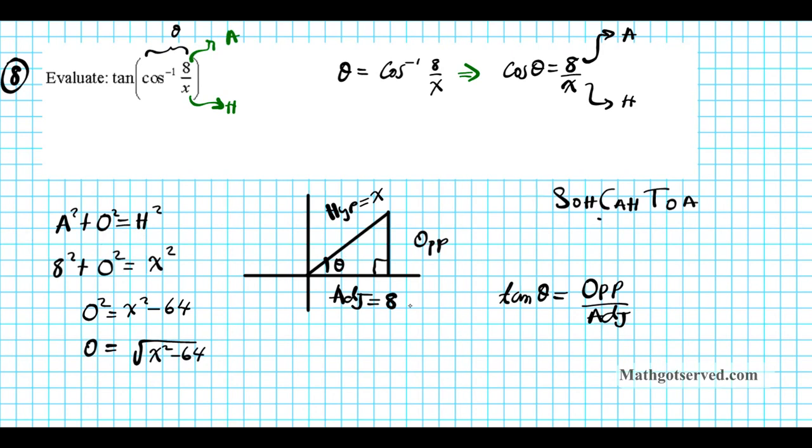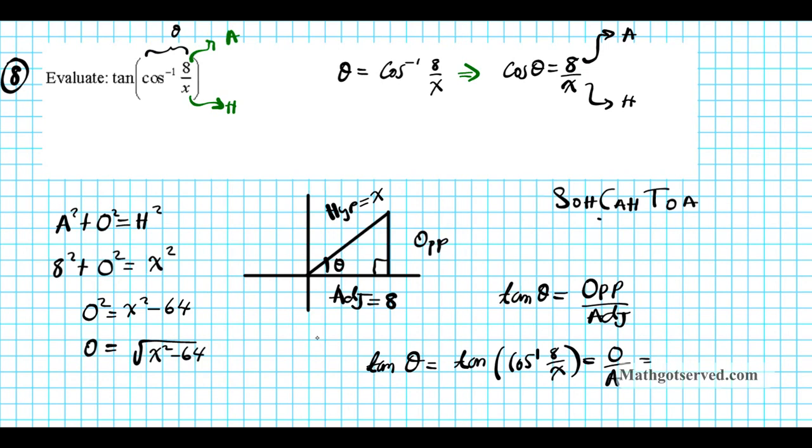Okay, so let's go ahead and put everything together. So tan theta, which is equal to, we remember what we call theta, right? Theta is this expression right here, which is tan of the inverse cosine of 8 over x. That is equal to opposite over adjacent.